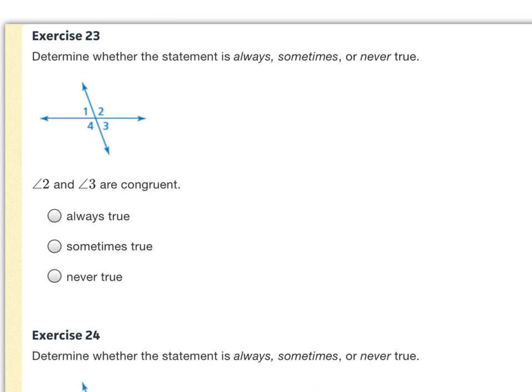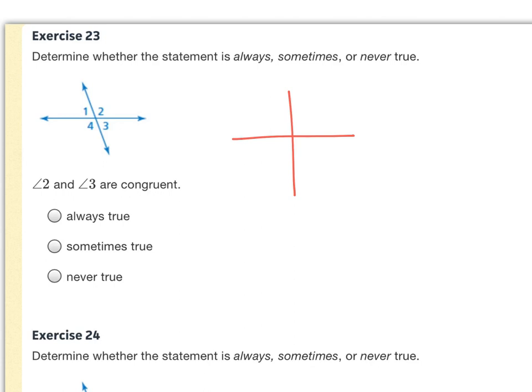Number 23, angle 2 and angle 3 are congruent. In this picture, it does not look like angle 2 and angle 3 are congruent because they aren't. But if any two lines meet, our lines could look like this. Angle 2 and angle 3 are adjacent to one another. They are not vertical, and vertical angles we know are congruent. But they're adjacent to one another.